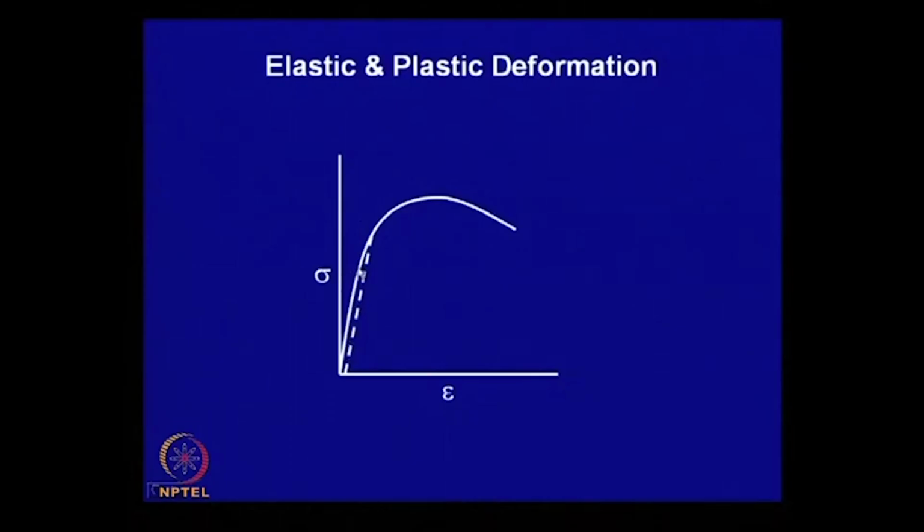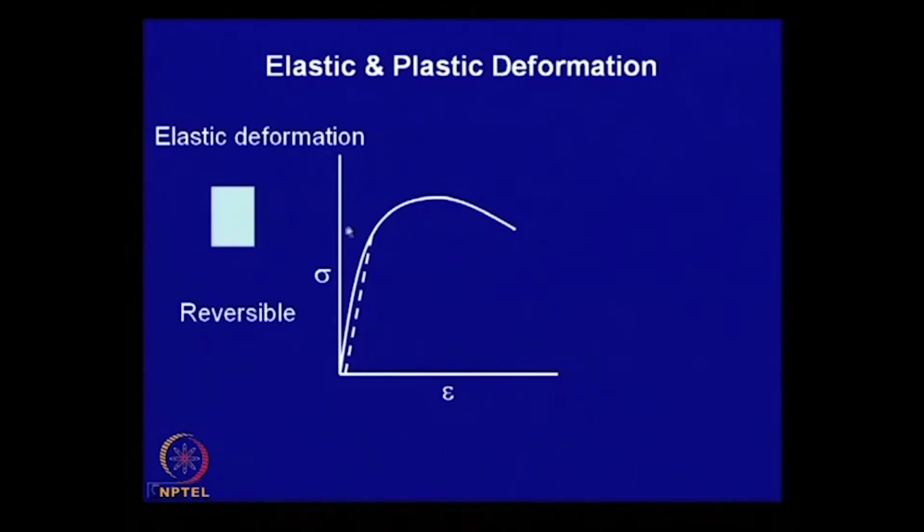If you deform a material here and unload, it will trace back its path and come back to its original shape and size. But if you load it beyond this point called proof stress, then if you unload, only the elastic part will get recovered, but there will be a permanent strain left behind, and this is schematically shown here.